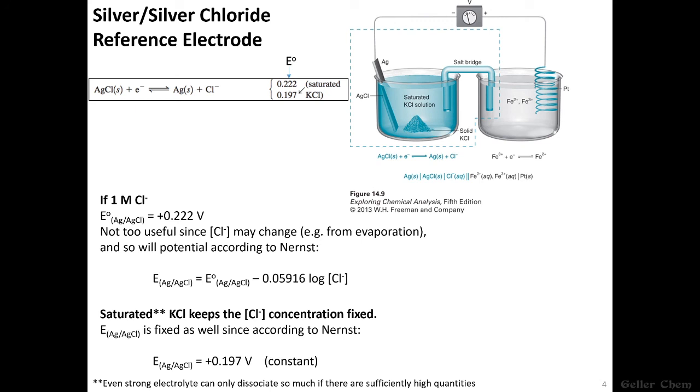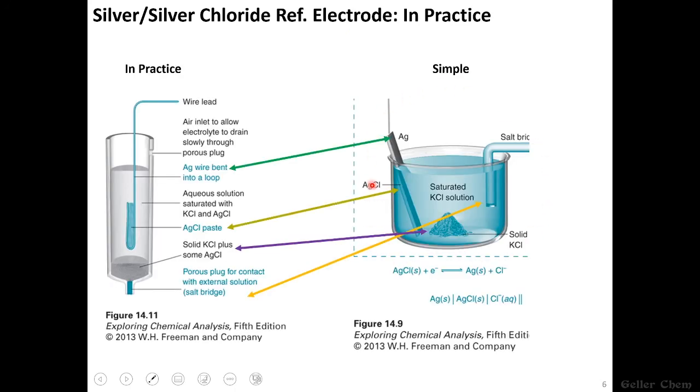Now I'm going to quickly show you a couple of visuals just so you can see what this type of reference electrode looks like in real life. Because this image over here is designed to represent the reference electrode in a manner that you've seen so far in these simple beaker-based half cells. But in practice we use a more compact design. So in this case, instead of having this block of silver, we have this silver wire that's bent in this half loop.